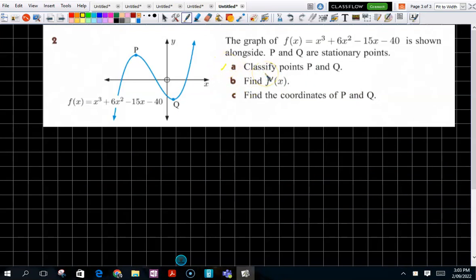Classify P and Q, local max, local min. All right, if we had questions like this, we'd do it all day, every day, no fractions or anything. So we've got 3x squared plus 12x minus 15.